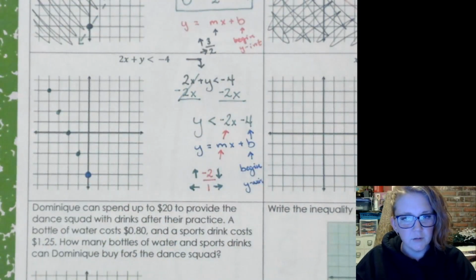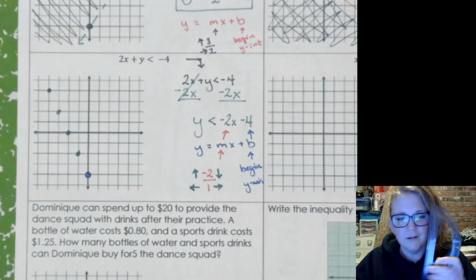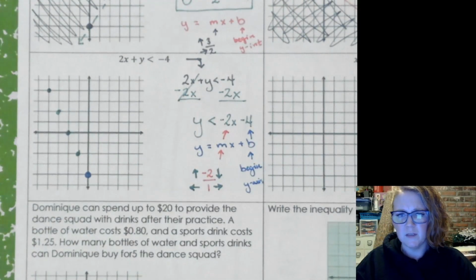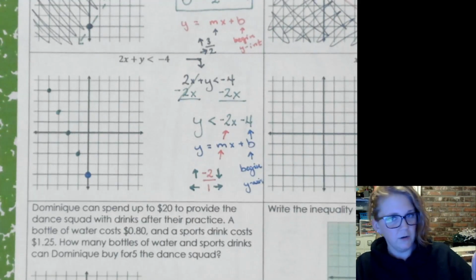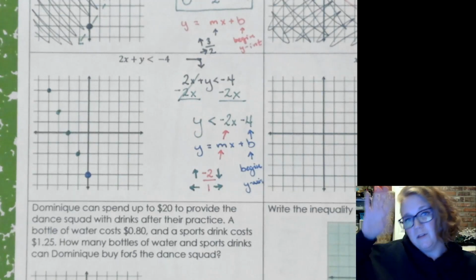There's all your dots. Now, we need the line. So ask yourself, is there a line underneath your inequality? Is it less than, greater than, or one of the equal to's?